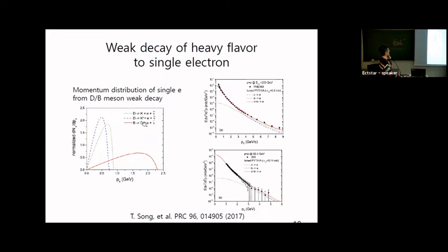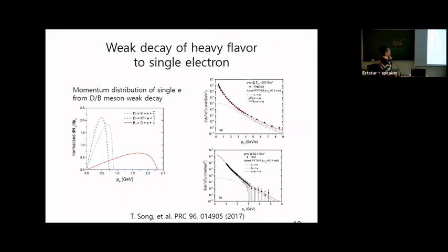The mass difference between D meson and kaon or K star is around 1 GeV, so the momentum distribution of a single electron is between 0 and 1 GeV. But the mass difference between B meson and D meson is around 3 GeV, so this electron is much more energetic than a single electron from D meson decay. And the right figure is the pT spectrum of a single electron.